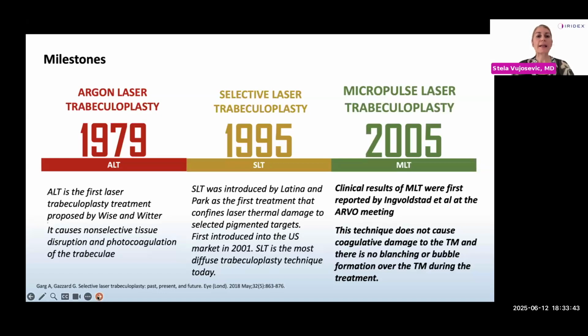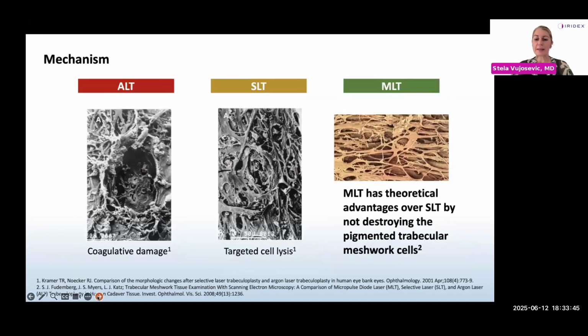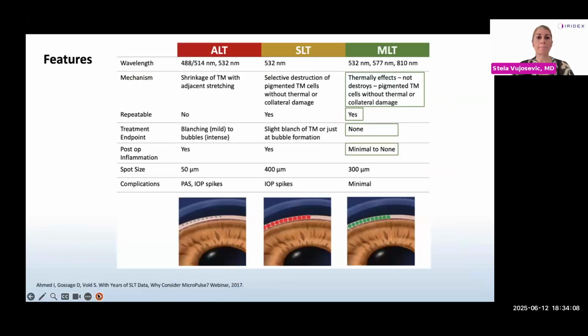Here you can see some images of human eye bank eyes, where you see the coagulative damage of the ALT, the targeted cell lysis of the SLT, and you can see also this scanning electron microscopy after the treatment with the MLT that does not theoretically destroy the pigmented trabecular meshwork cells.